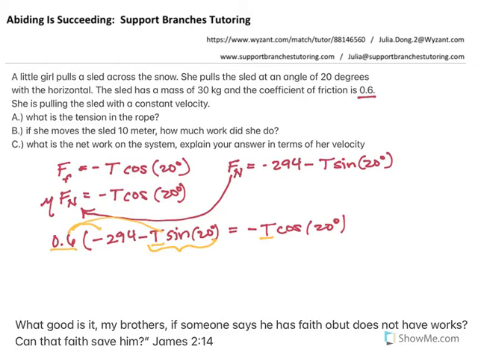So we've got 0.6 times 294, so we get negative 176.4 equals 0.6T, because we distributed that and then added it to the other side, sine of 20 degrees minus tension cosine of 20 degrees.